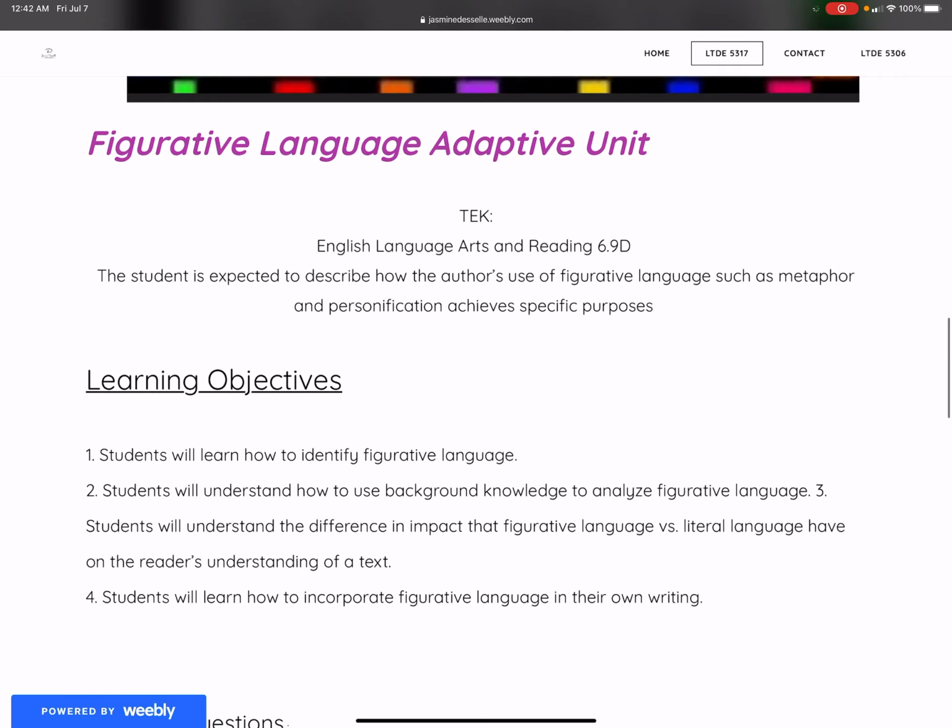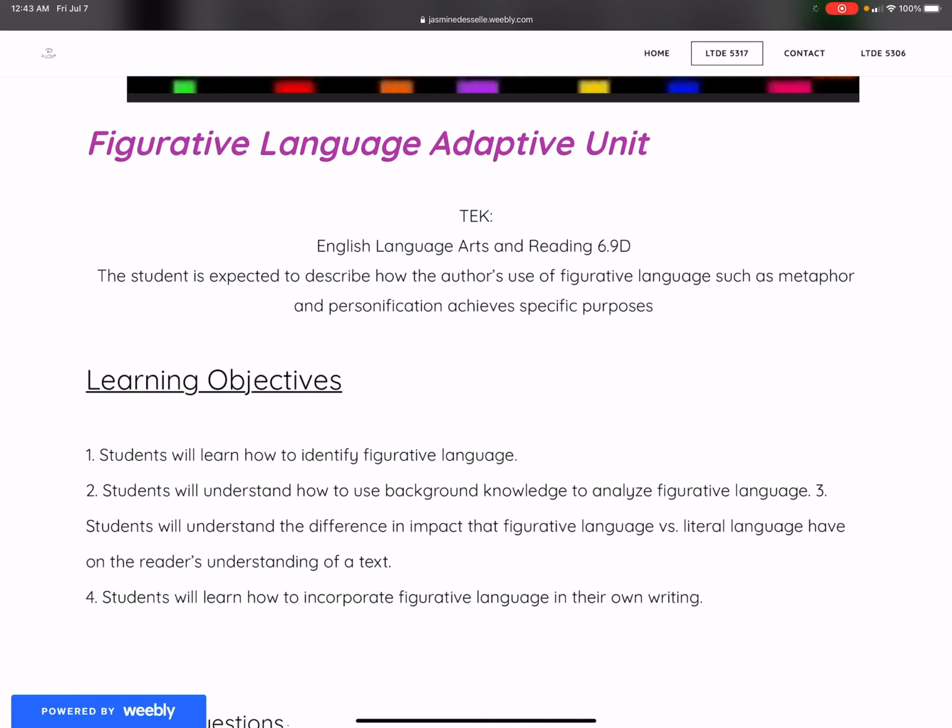This will be for sixth grade. I am actually a sixth grade English teacher, so I use a sixth grade TEK. This is English and Language Arts again. This TEK specifically focuses on figurative language, such as metaphor, personification, and all of those things.